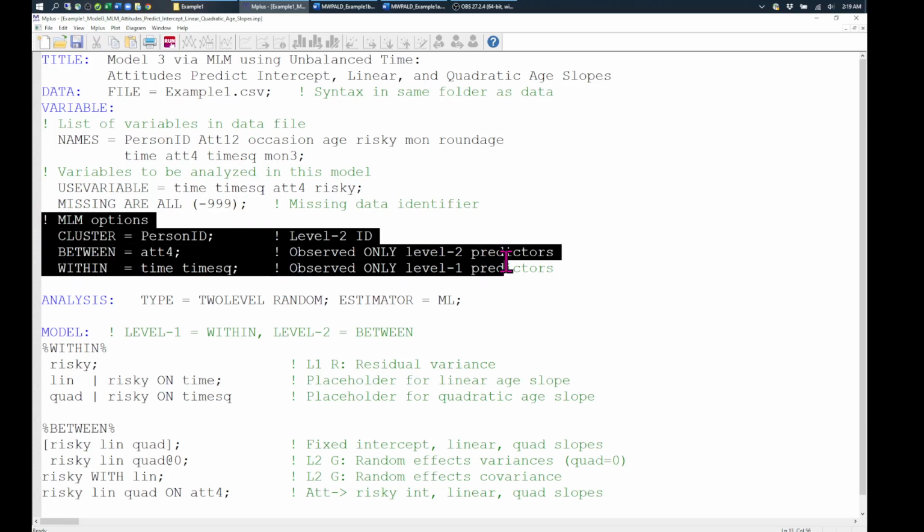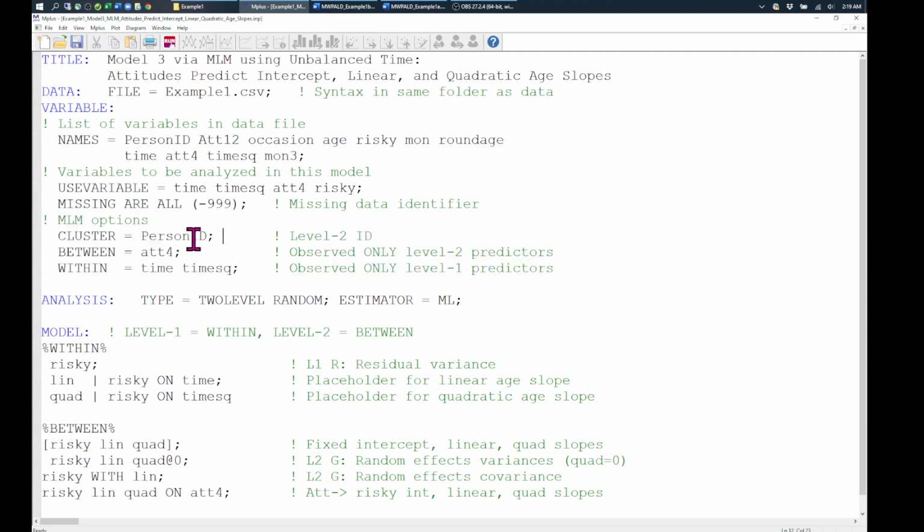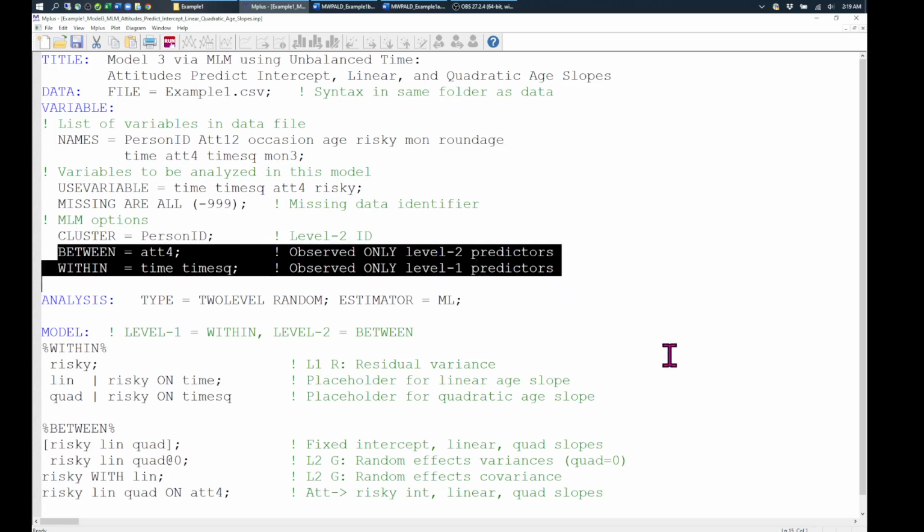Then the next 3 are specific to when you're running a multi-level model or a multi-level SEM in Mplus. You have to tell it how your rows are organized into level 2 units. So cluster is the ID variable that joins the rows of the same sampling unit together. So it's person ID. And then you also tell it which predictors are to be treated as level-specific observed variables.